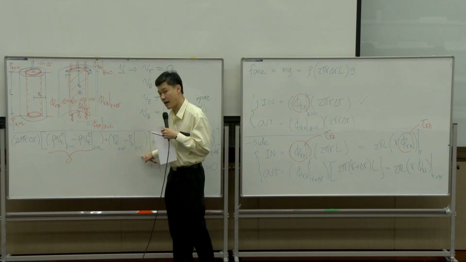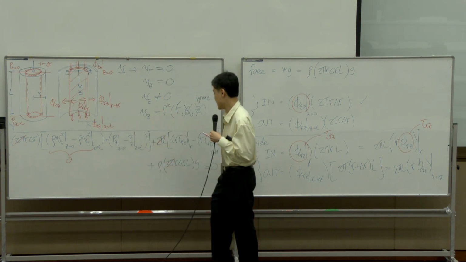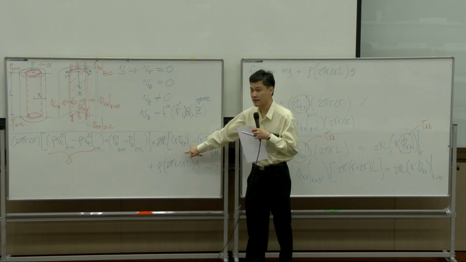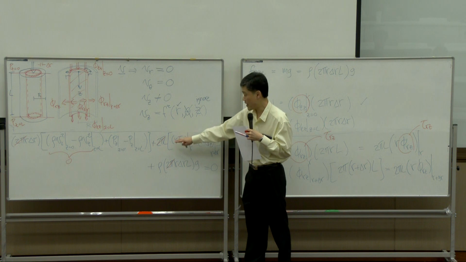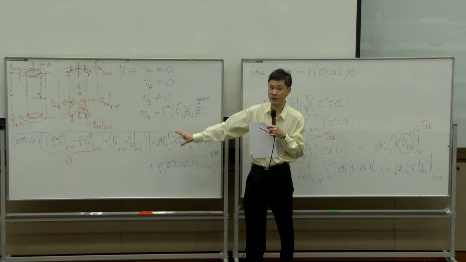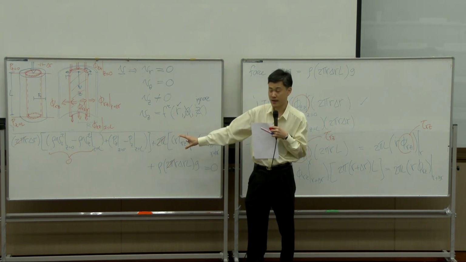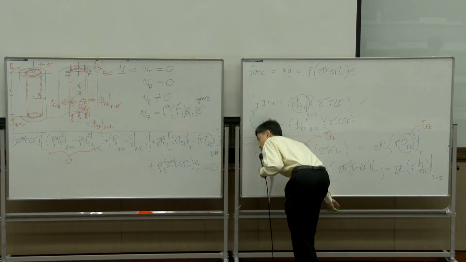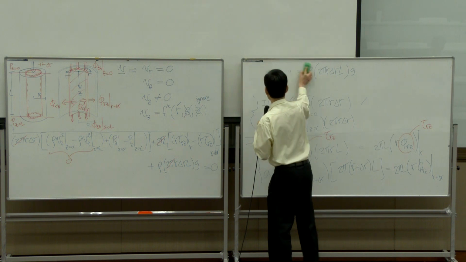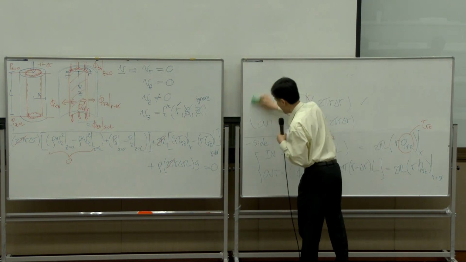So this must be kept. All right? These two terms obviously cannot cancel each other because there is velocity inside. If you cancel it out, nothing is left for calculation. Okay? So I'm going to rearrange the equation so that we can change into differentiation.